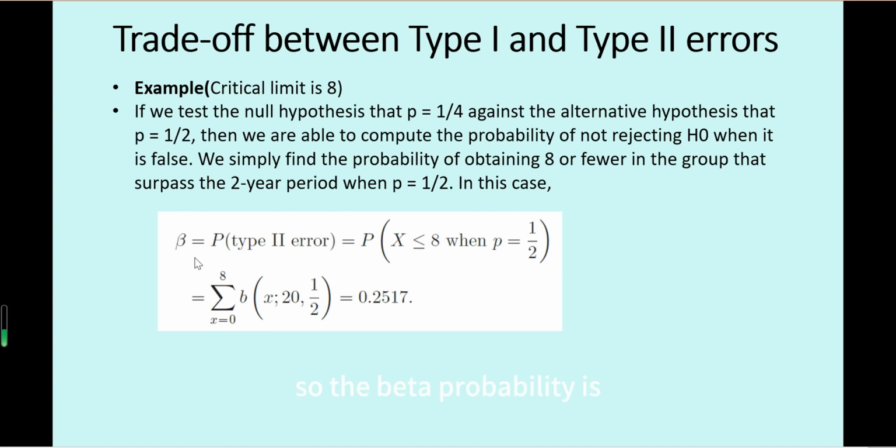So the beta probability, the type 2 error, equals the probability of fewer than 8 positives from the sample when the H1 hypothesis is actually true, that is, the probability is 1 of 2 in each binomial process. This probability is about 0.25. So we just remember that in this case the probability of beta is 0.25 and the probability of alpha is 0.04.